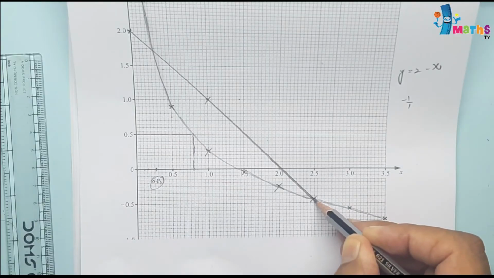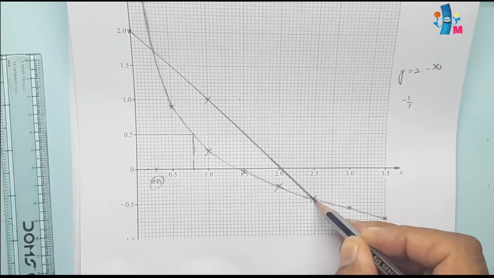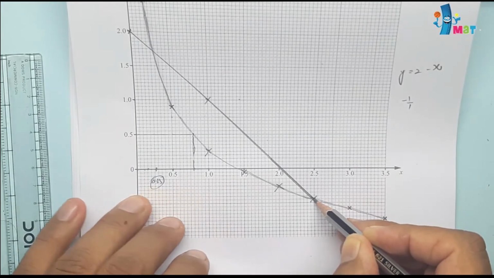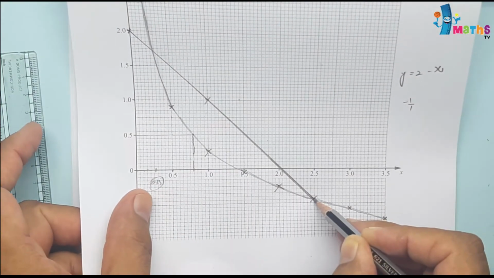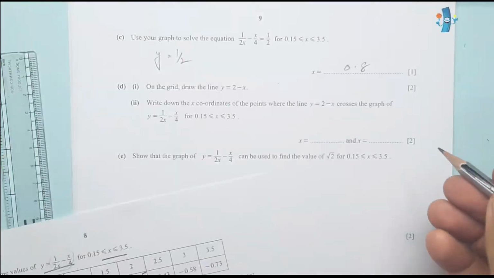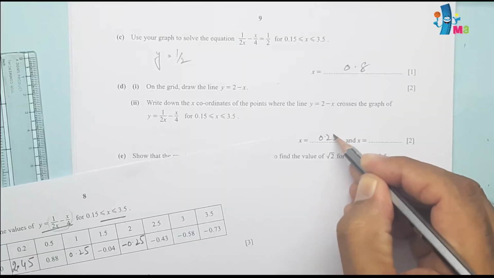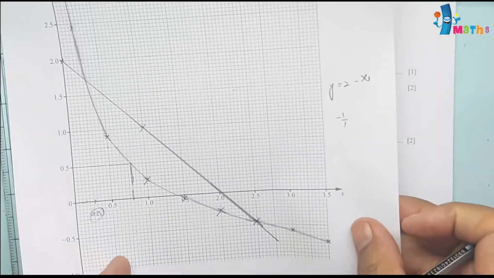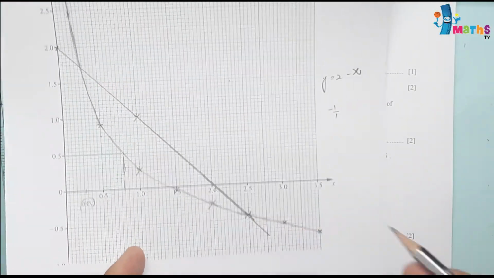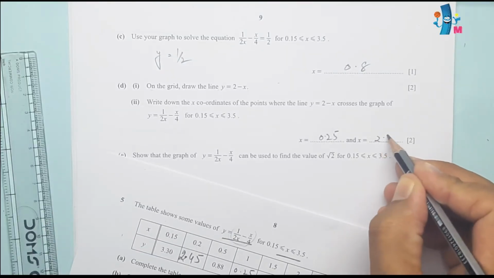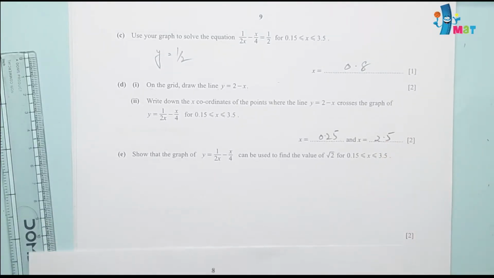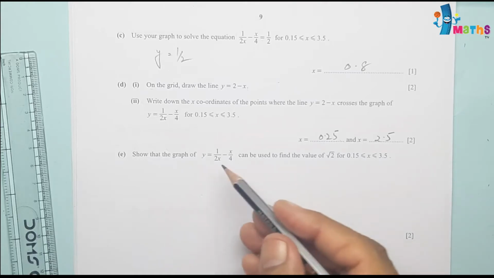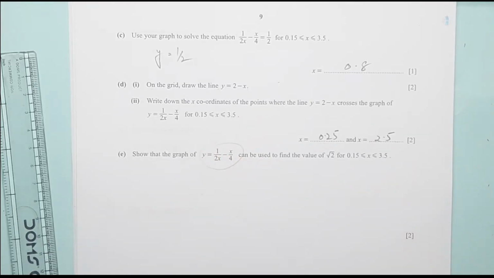So we can write 0.25, and the second value is 2.5 over here. Show that this graph can be used to find the value of root 2.